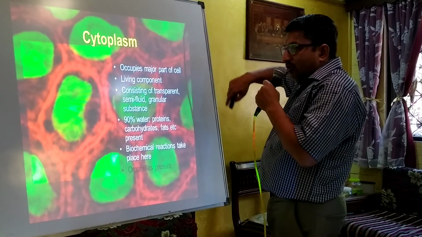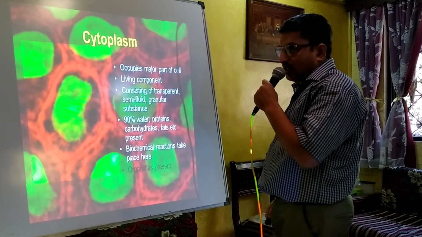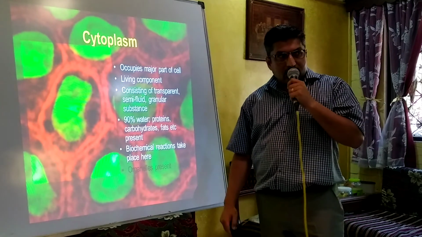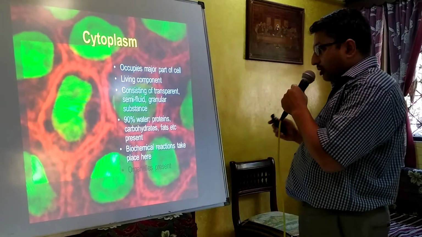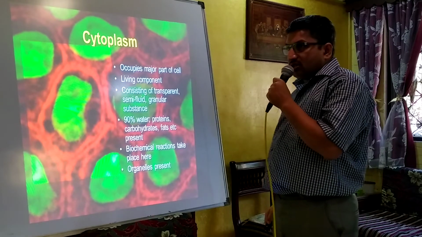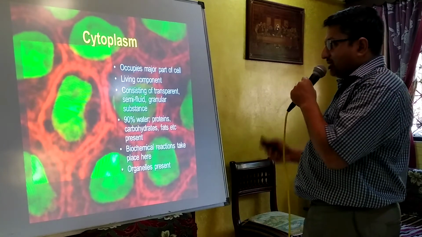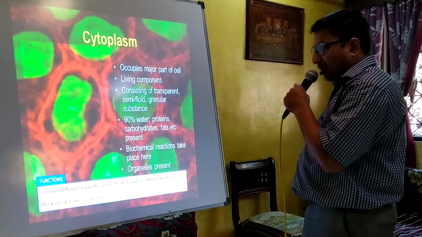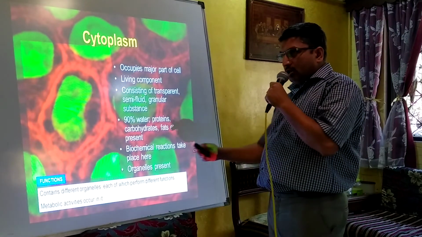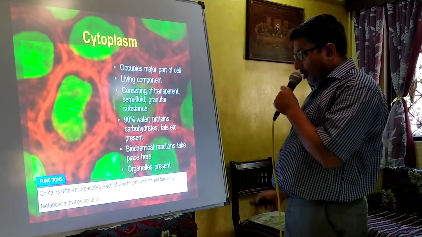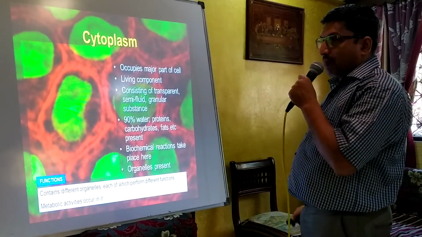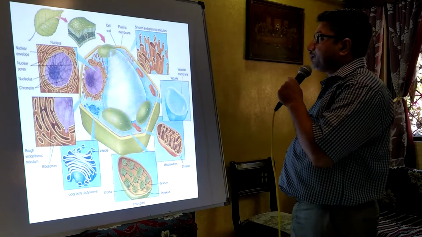All the reactions and metabolic activities in the cell take place in cytoplasm. And finally, the different cell organelles are present inside the cytoplasm. Its function is that it houses the different organelles and helps in the metabolic activities.